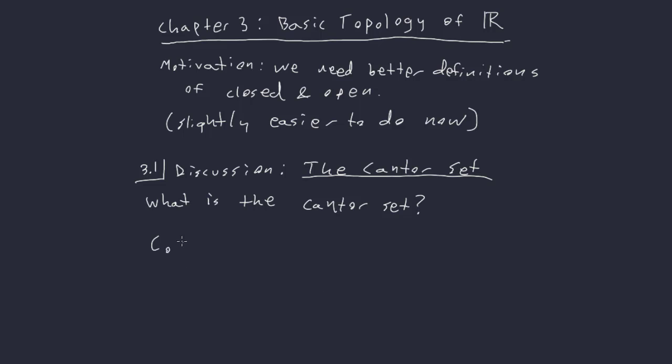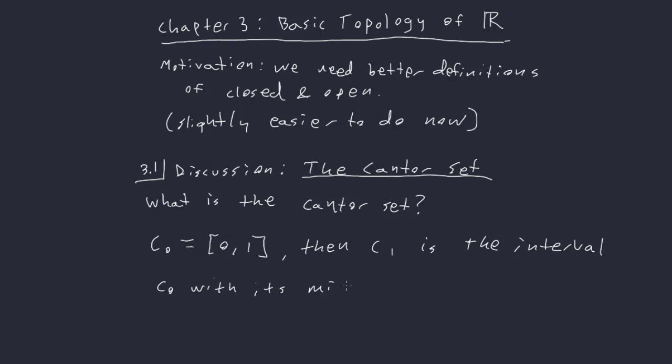We start by calling the set C naught the closed interval from 0 to 1. Okay, then C1 is the set, or the interval, where we take C naught and remove its middle third. So it's C naught with its middle third removed.